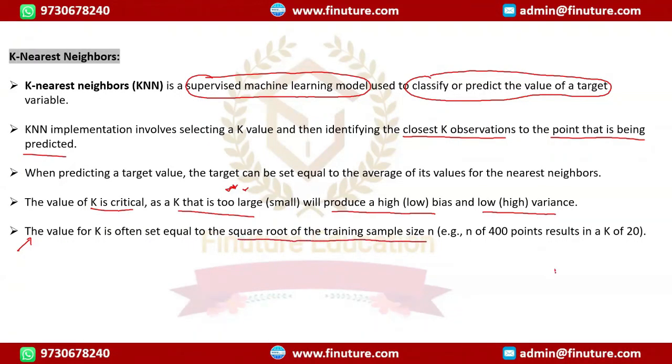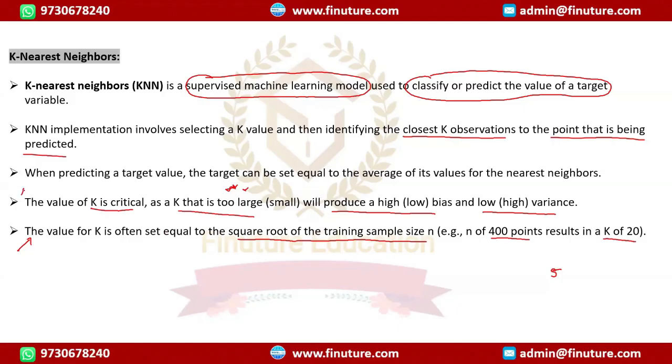Our training dataset sample size was 5, so we took the root of 5, which was around 2 point something, and we chose k as 3. If your training dataset has 400 points, the ideal value for k is 20. You can sort your 20 data points in ascending order, then conclude based on the observation.